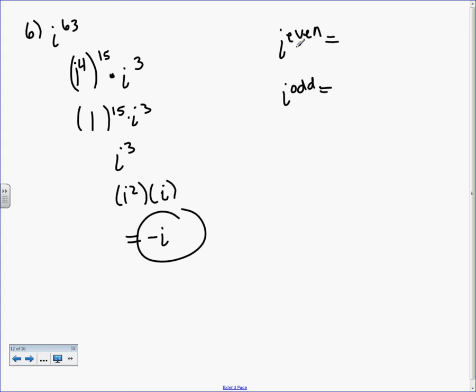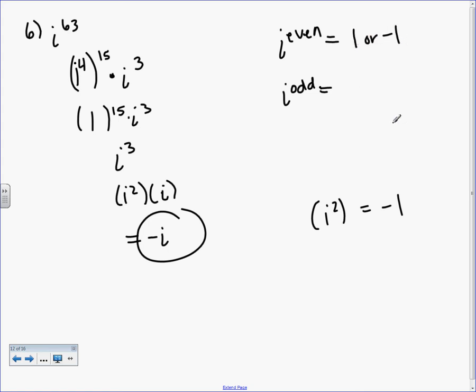If I have i to an even, like i to the second, i to the 4, i to the 6, i to anything even, is it going to give me 1 or negative 1? Or is it going to give me i or negative i? Think about it. What's i squared? Negative 1, right? So if I have any i to evens, I don't have i's anymore. It's either a 1 or it's a negative 1.